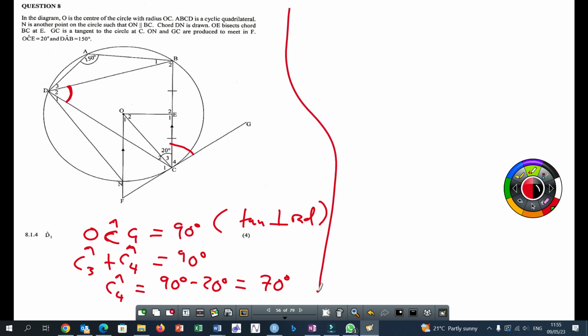But if you look at it carefully, as I said earlier, C4 is equal to D2. That's the tan chord theorem. So I'll say, therefore, D2 is equal to C4, both are equal to 70, and my reason will be tan chord theorem.